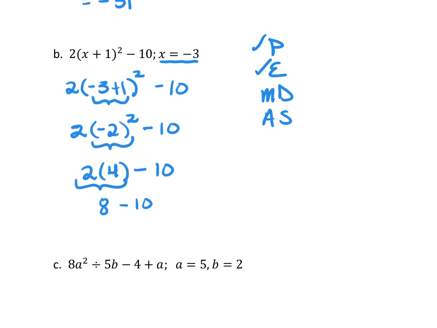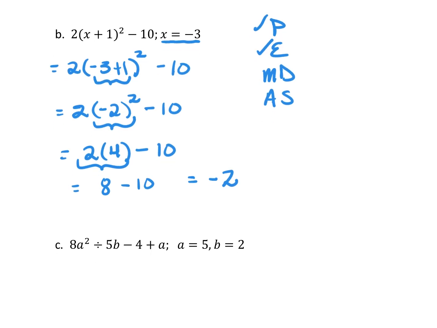We bring down our -10. And then finally, we have different signs, so we are going to subtract, keep the sign of the larger number, and so we get -2. All right, let's keep going and see what else we can do.